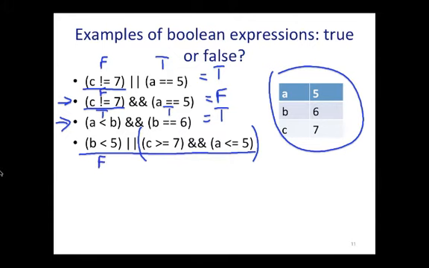Now we go to the other sub-expression. Is C greater than or equal to 7? Why, yes, that's true. Is A less than or equal to 5? That's also true because A is 5. So true and true gives us true. And now we combine, is it F or true? And because it's an or, the outcome of the whole statement is true.